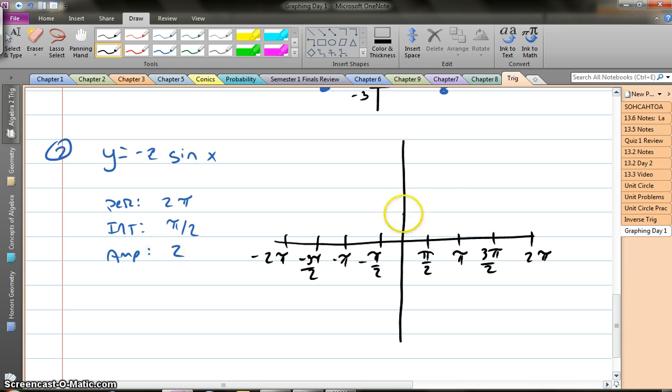Now my amplitude is 2, so it's going up to 2 and down to negative 2, my highest and lowest point, where it's getting stretched. Now remember, sine starts at 0. As it rotates down, it goes to negative 2, back to 0, back to 2, back to 0. Starts at 0, goes up to 2, back to 0, down to negative 2, back to 0.